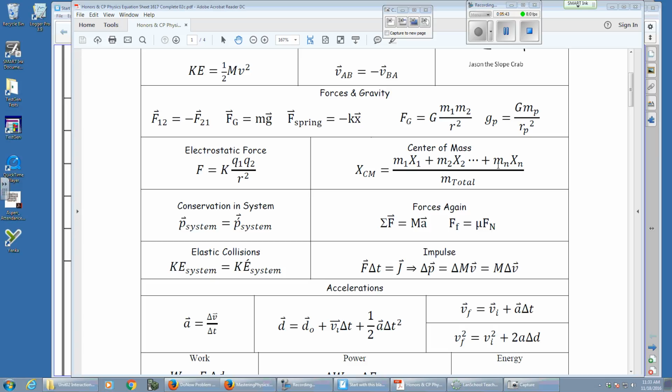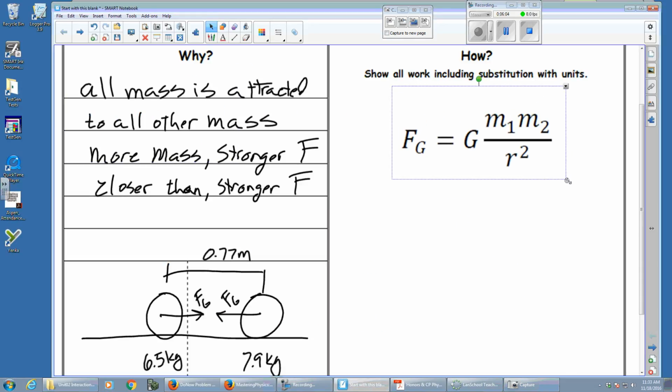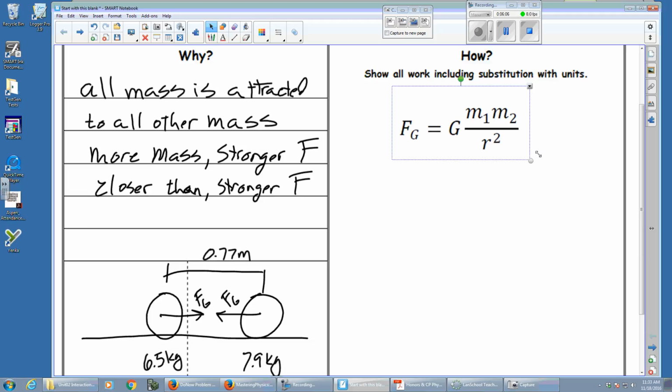Which equation talks about gravitational force? This one? That one, yep. That is our universal gravitational equation. Oh, that's got a constant, a big G in it.